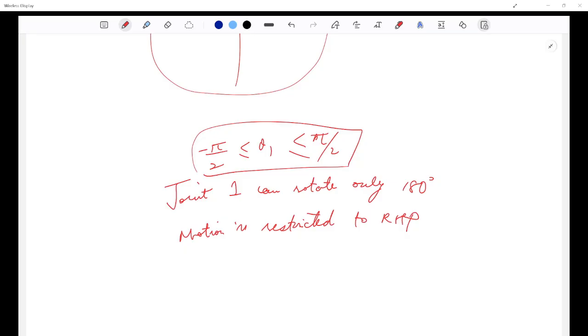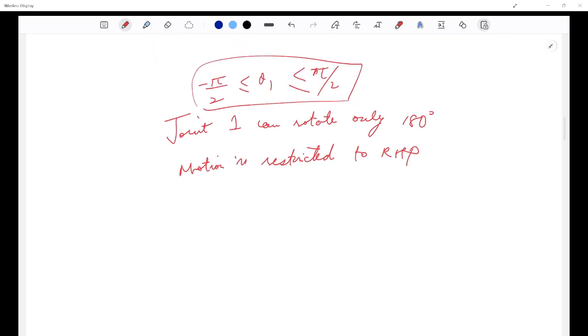Okay, but for theta 2 we have minus pi by 2 to pi by 2. Okay, so the elbow cannot fully fold backward. I mean, the arm cannot wrap around, right?